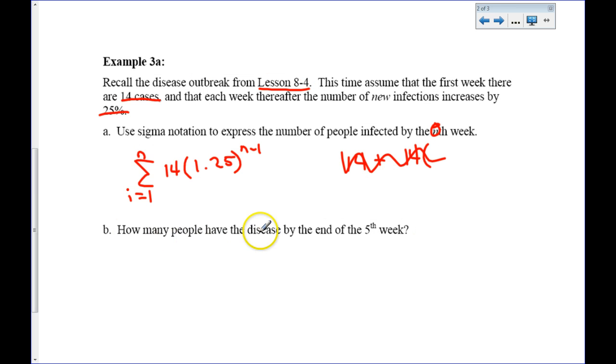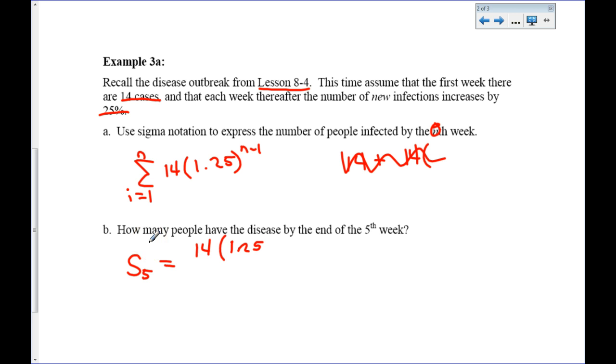So, how many people have the disease by the end of the 5th week? 14 for g sub 1. And I'm going to use the new formula that we start off with, r to the nth, so I'll have 1.25. So why are you doing this in sigma? Whenever we're actually calculating, we're going to use this, because otherwise, if I have to write out every single one, it's kind of a pain.